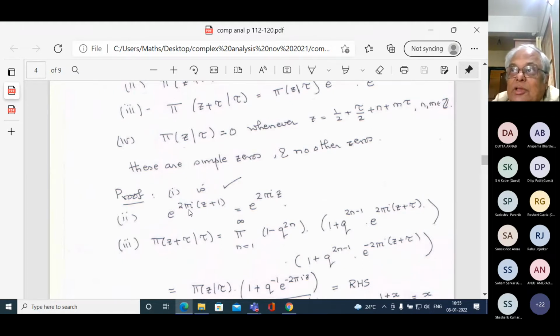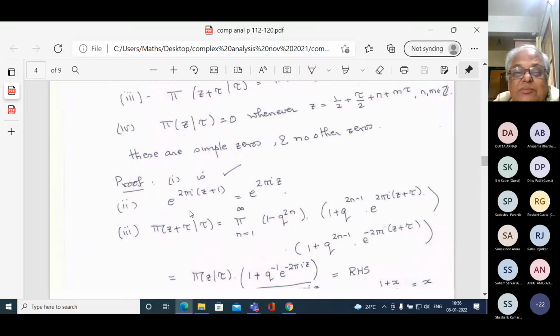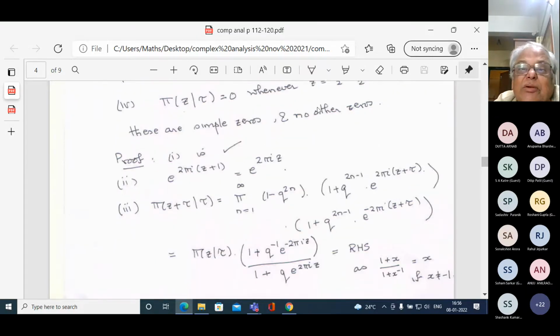That will come from the fact that when you take the derivative, you get some term which is non-zero. Anyway, let's not worry about that. So this is entire in z and holomorphic in tau in the upper half plane. When you translate z by tau, this first factor doesn't change. The second factor changes by z plus tau.